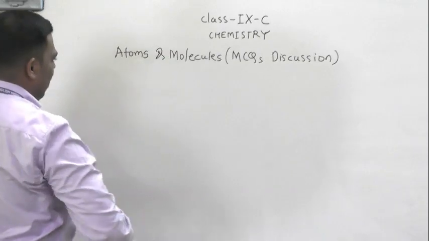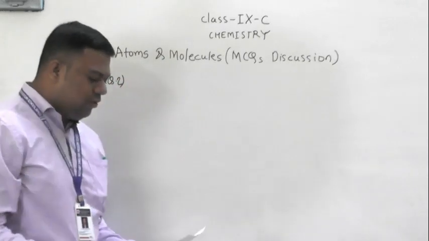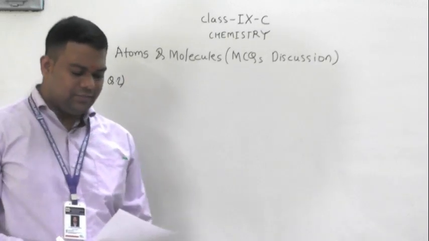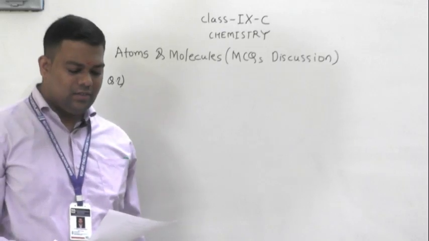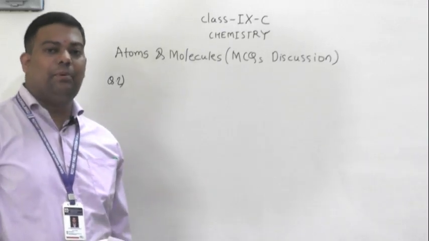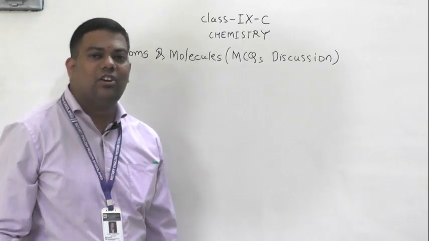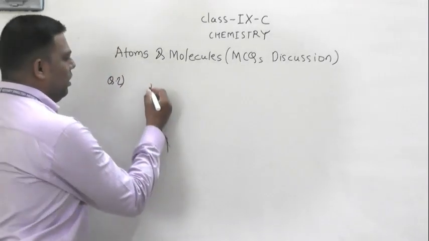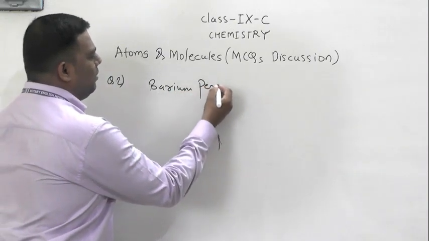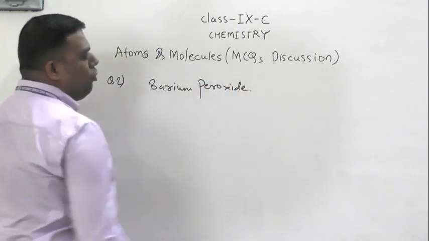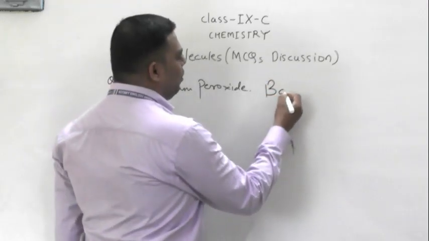Now see, next we will discuss question number 2. In question number 2, which of the following is the chemical formula of barium peroxide? Barium peroxide is simply BaO2.